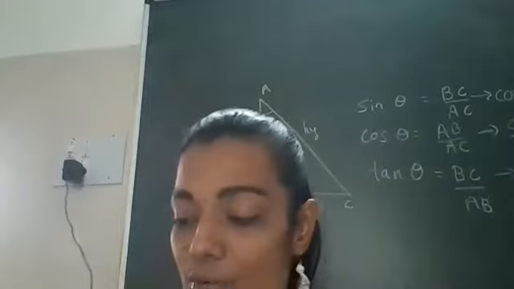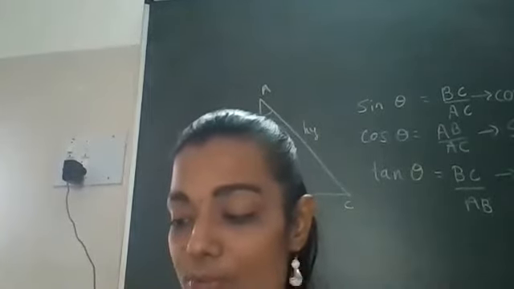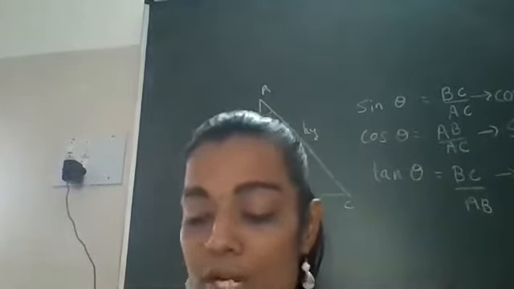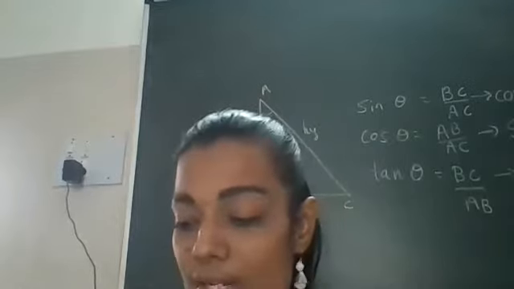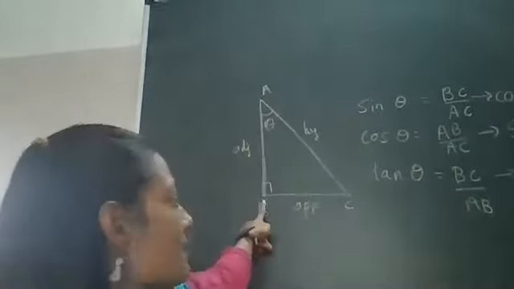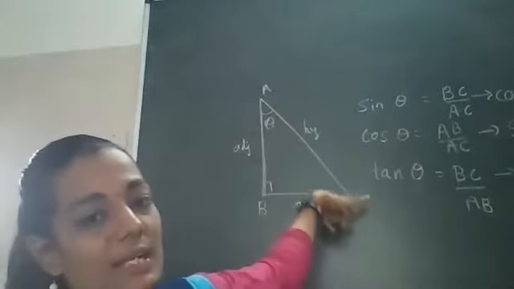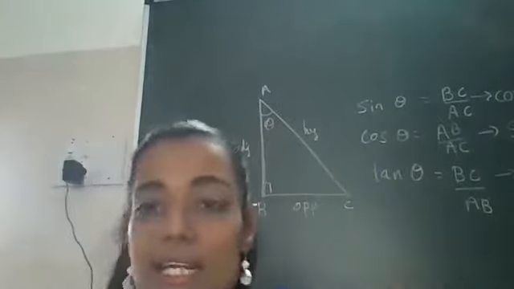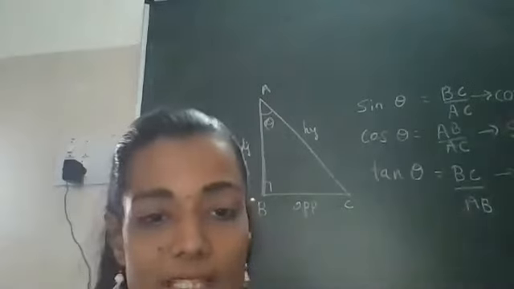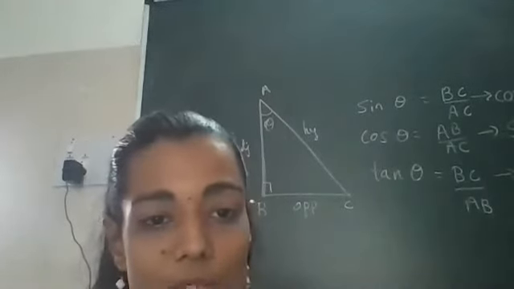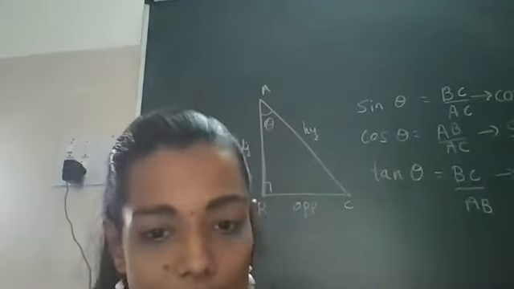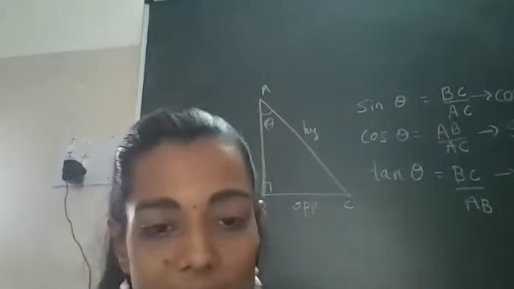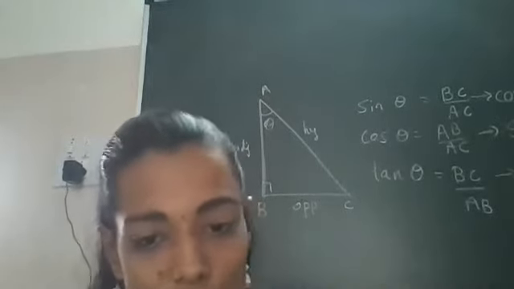Now in this chapter we are going to study some ratios of the sides of the right angle triangle with respect to the acute angles. It means a right angle triangle is there, but we are talking about the acute angles. In a right angle triangle, one angle is 90 degrees. The rest of the 2 angles are acute, because the sum of all angles in a triangle is 180.